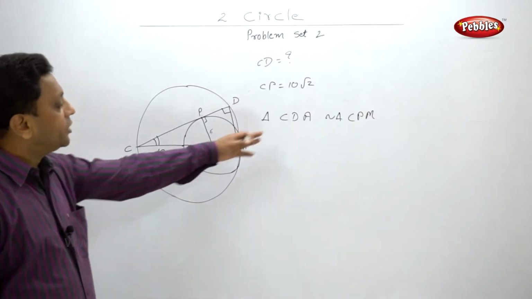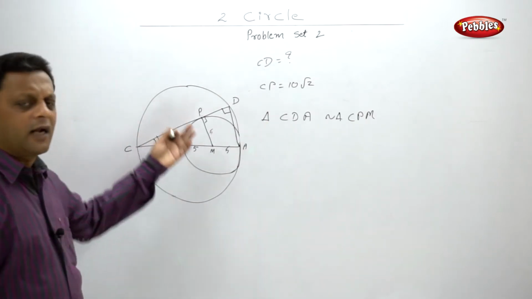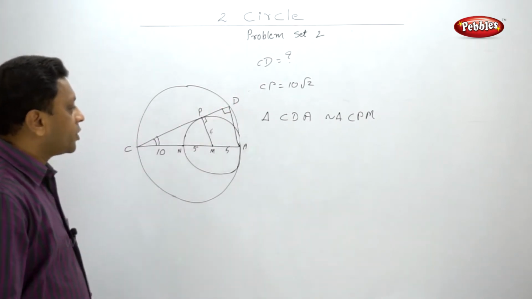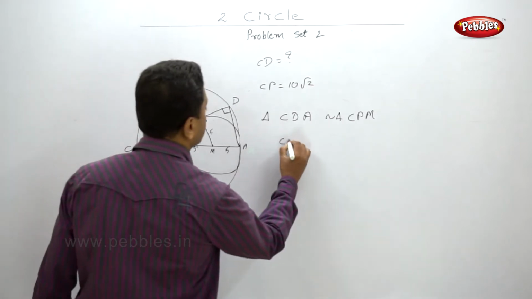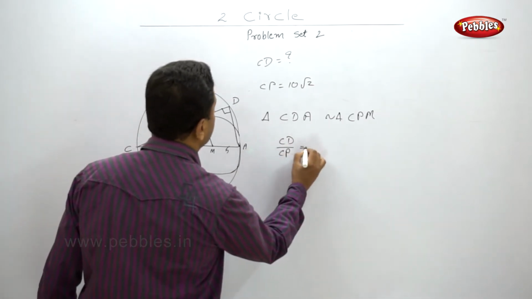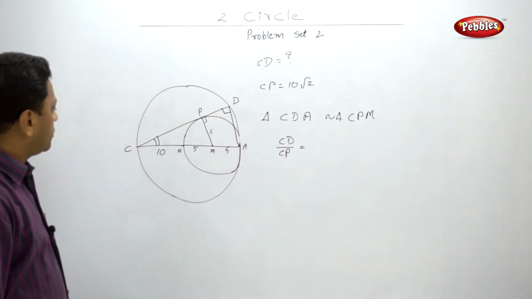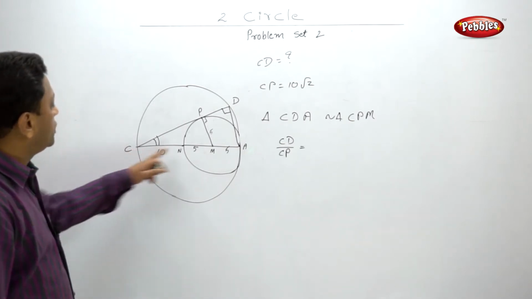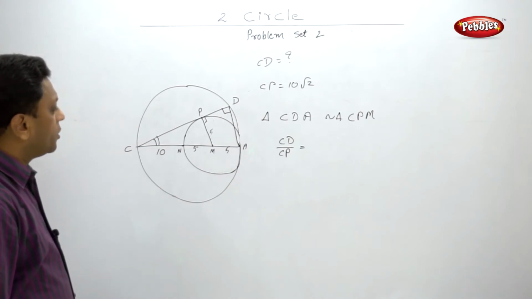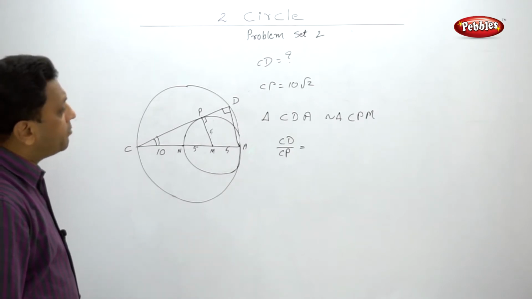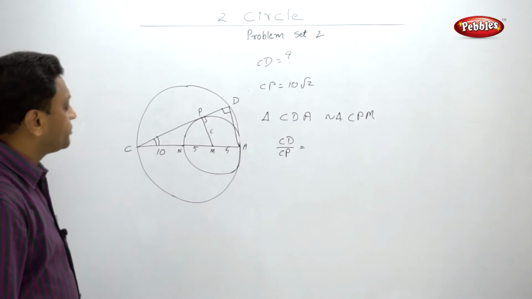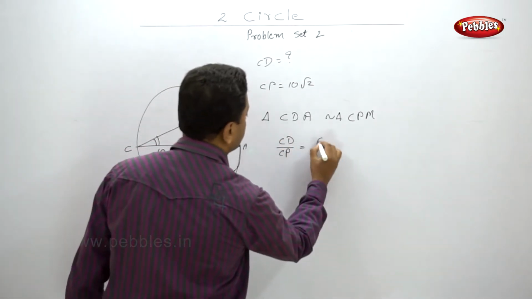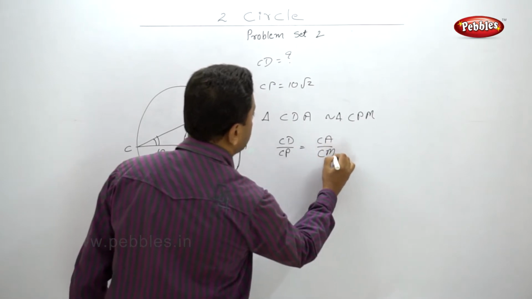Now since these two triangles are similar, just write down the ratio. We want CD, so CD upon CP is equal to, you can write what you know more, you know CM, so CM upon CA, or I can write CA upon CM.